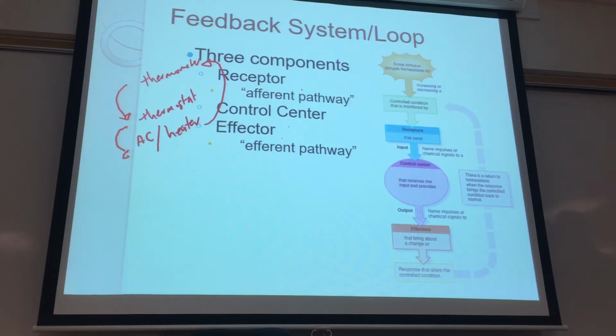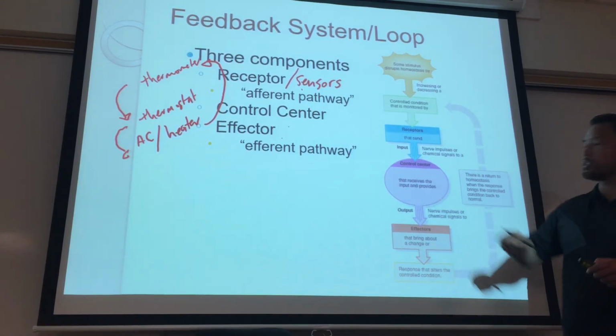So looking at this, applying to what we learned, using the actual technical terms I'd like you guys to be familiar with: receptors or sensors. Receptors or sensors are the ones that receive information, or they detect the changes, or they detect the status of the external environment. And they send that information over to the control center.